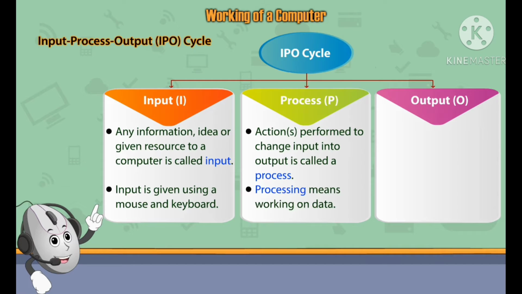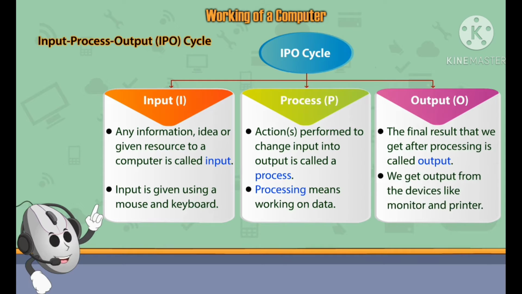Processing means working on data. Output, O. The final result that we get after processing is called output. We get output from devices like a monitor and printer.